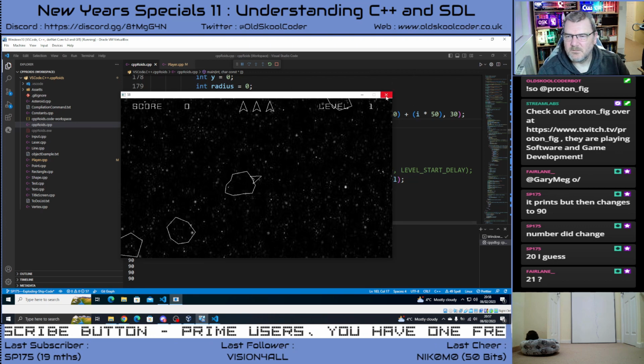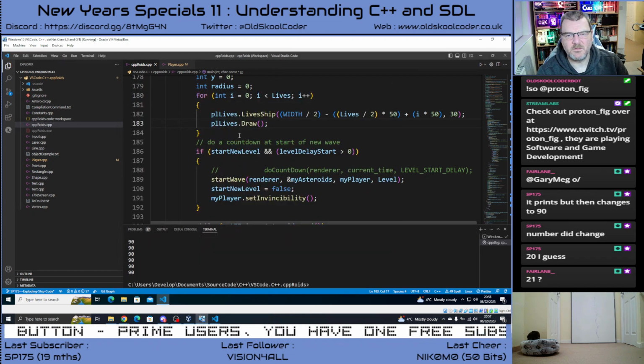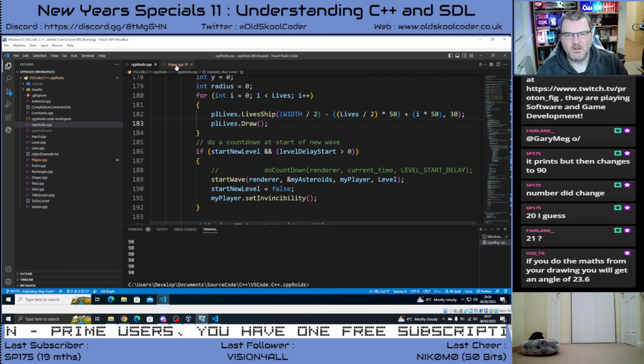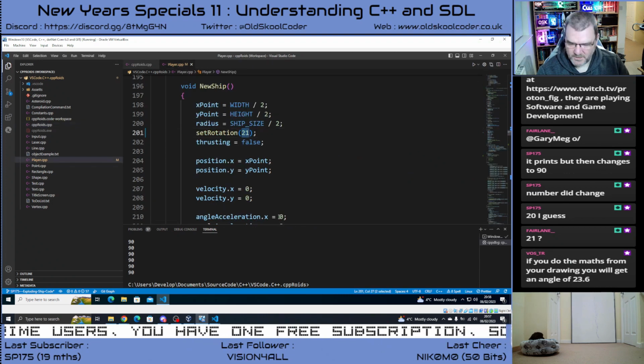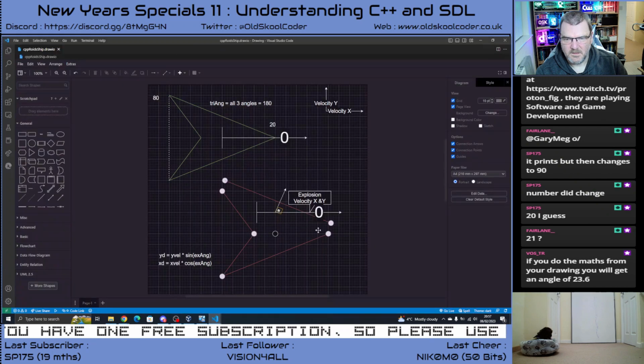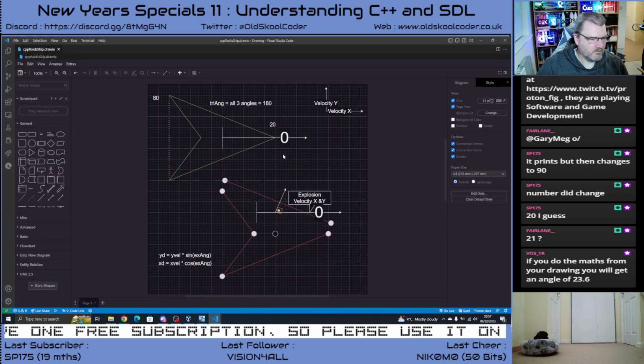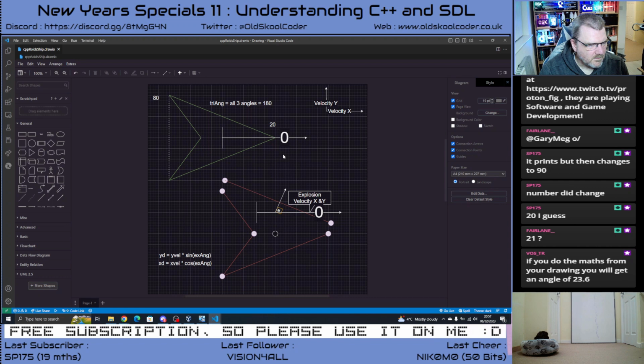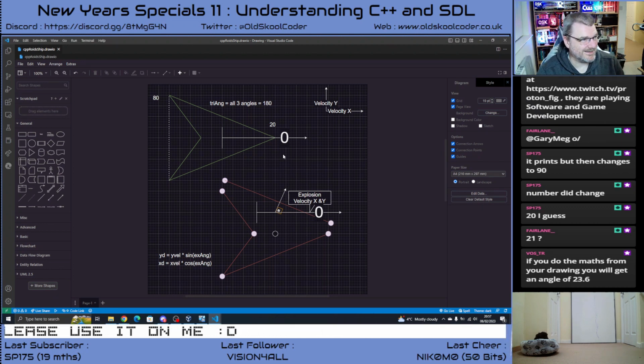Right, so the angle is 20.5, but I'm not gonna argue over half a degree. So we'll say it's 20. If you do the maths from your drawing, you will get an angle of 23.6. Well, it turns out it's 21.